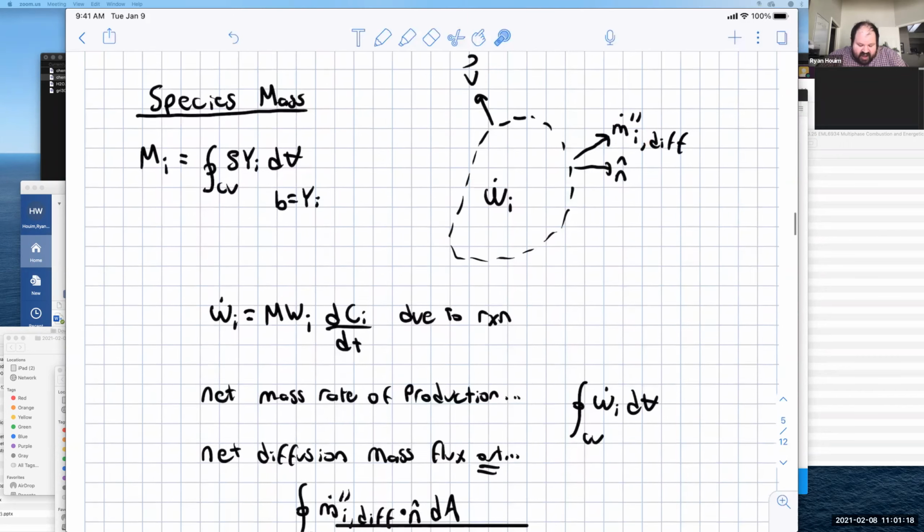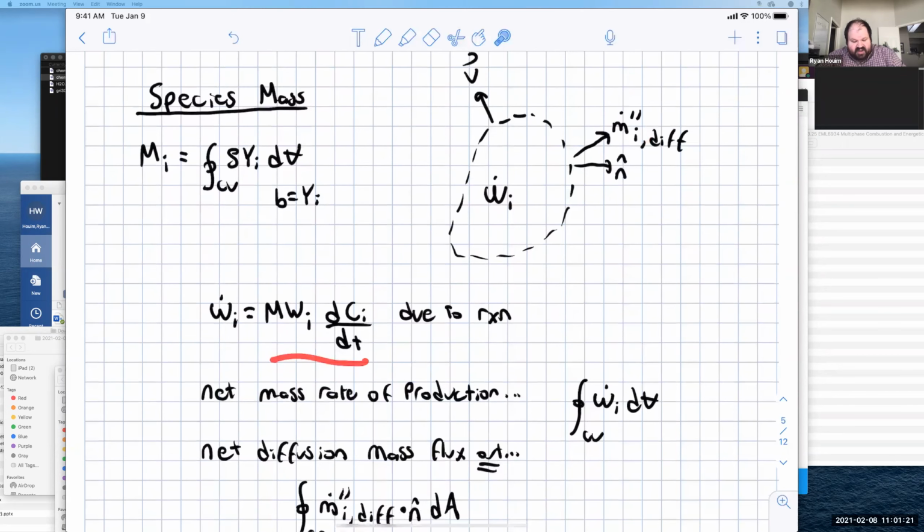And this omega dot i is the mass rate of production. It's given by the molecular weight of species i times the time rate change of concentration of species i due to a chemical reaction. So this would come from the law of mass action.